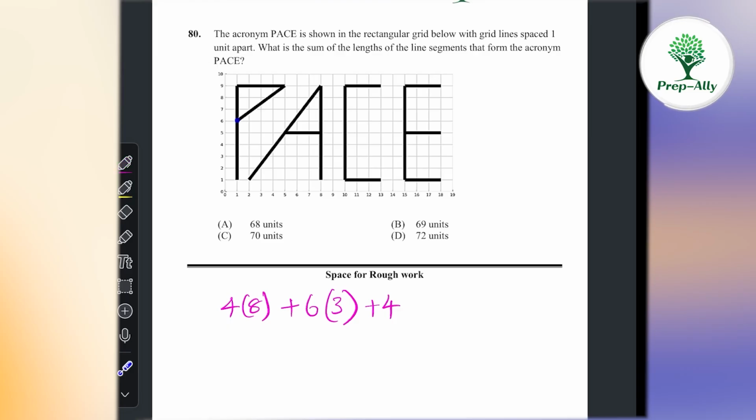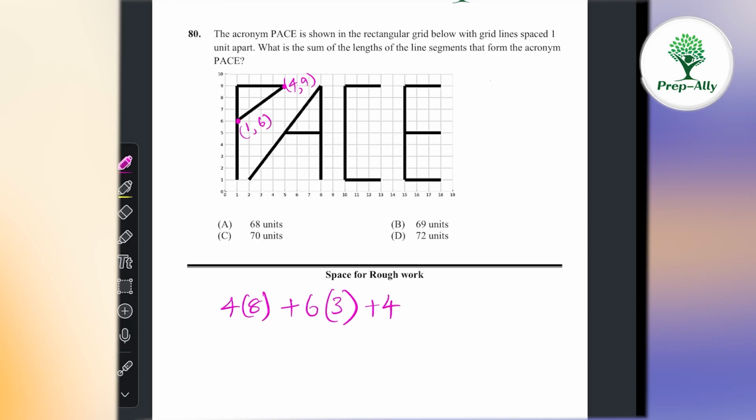And what is this length? So we can use the distance formula. So the coordinate of this point is 4, 9, and of this point is 1, 6, right?